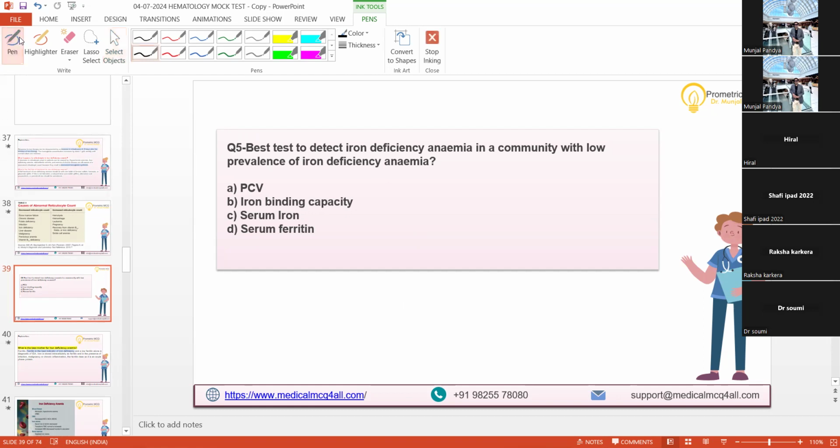Which is the test that tells you this is iron deficiency?